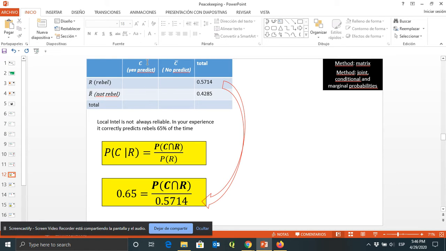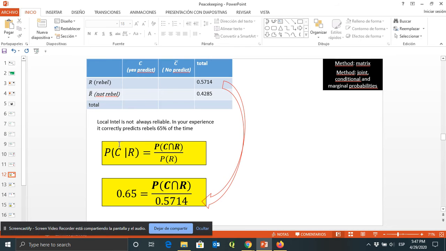We have two columns, C as yes predict and C bar no predict, and two rows, R rebel, which is something that we already know, 0.5714, and R bar not rebel, 0.4285. And according to this sentence, local intel is not always reliable. In your experience, it correctly predicts rebel 65% of the time.